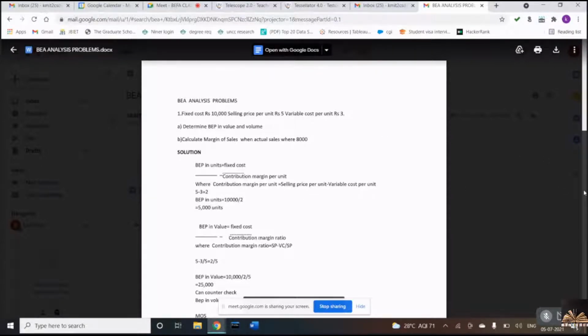Fixed cost rupees 10,000. Selling price per unit rupees 5. Variable cost per unit rupees 3.